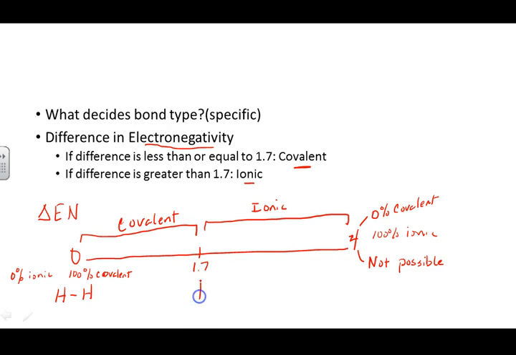This 1.7 represents a 50-50. This is 50% covalent, 50% ionic in nature. So when we classify, we basically take their electronegativities, subtract the two numbers that are involved, and if the number is greater than 1.7, we call it ionic. If it's less than 1.7, we call it covalent.